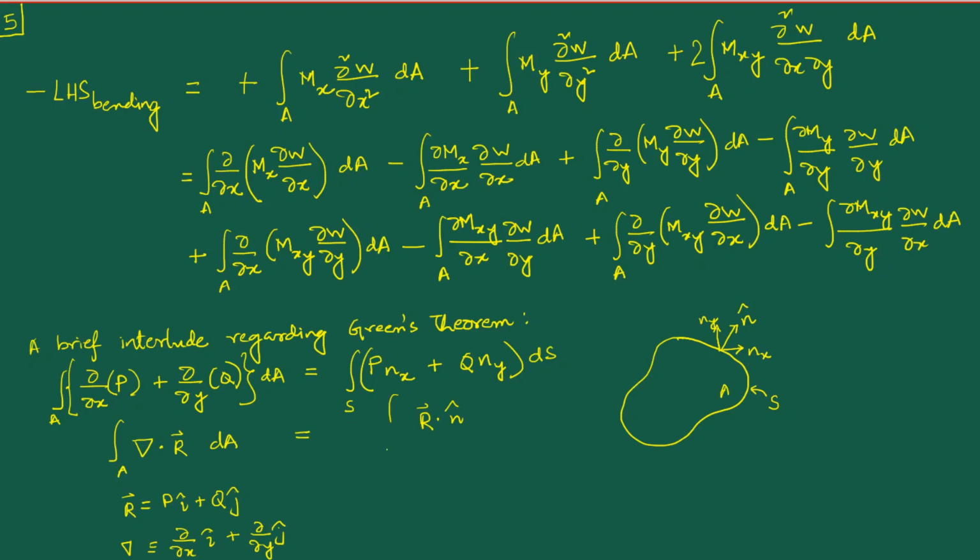Written in this fashion, it is somewhat reminiscent of what we had done back in our Gauss divergence theorem. It's reminiscent, it's not exactly the same, because there we were going from the volume integral to the area integral, and here we are going from the area integral to the line integral.